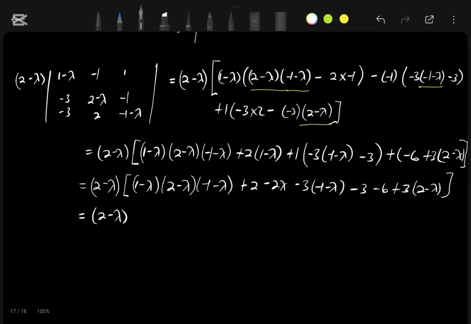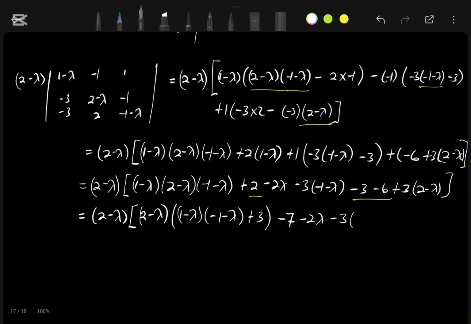Two minus lambda, then 2 minus lambda again. We have 1 minus lambda multiplied by minus 1 minus lambda plus 3. 2 minus 9 gives us minus 7. We have minus 2 lambda minus 3 into bracket minus 1 minus lambda, converting as 1 plus lambda, and the minus makes this plus. We close our bracket.